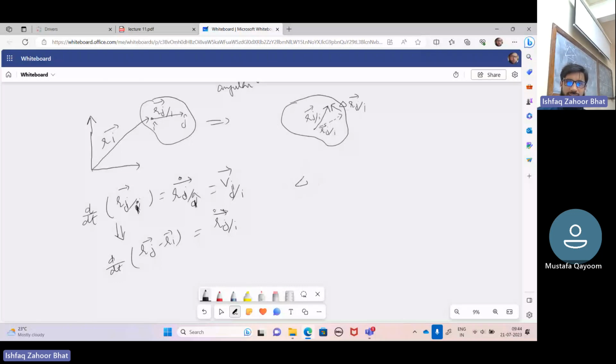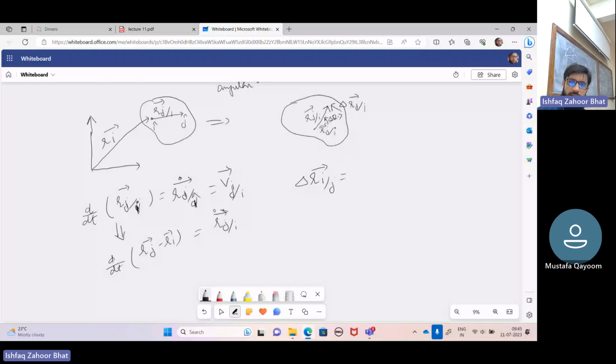So delta r_ij will be equal to, if this is some delta theta, so we want the change in this thing.